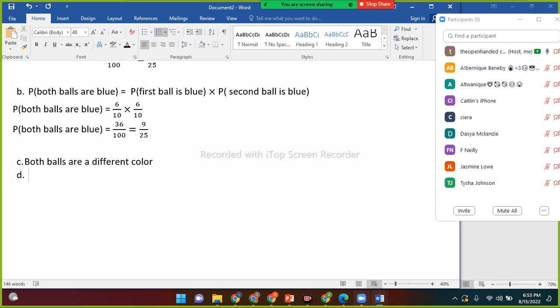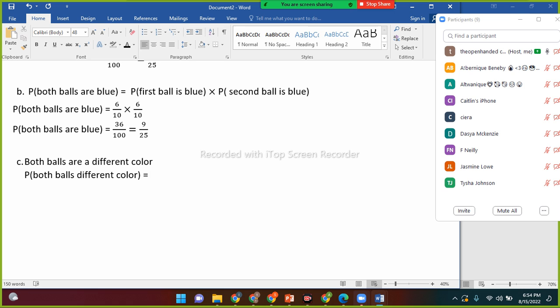So if we want both balls to be a different color, we want the probability that both balls are different color. I don't know the right whole thing. So with this one, it's slightly different.